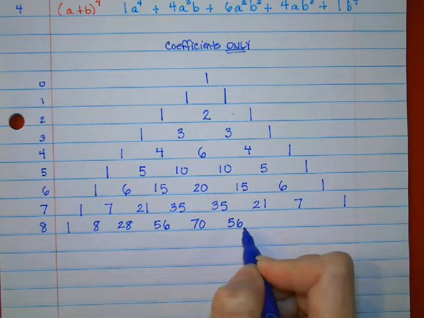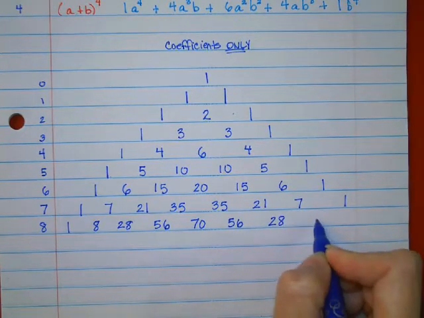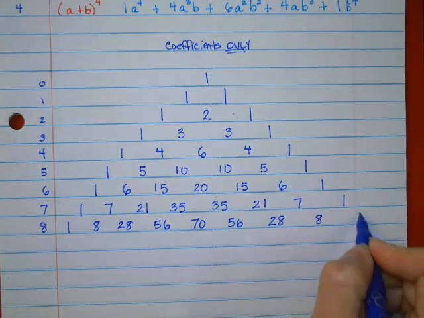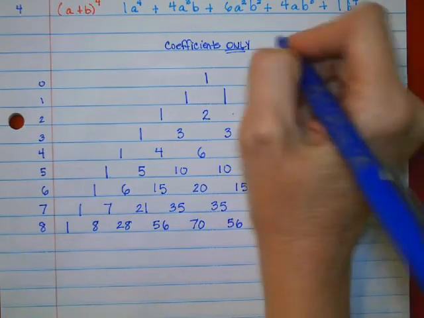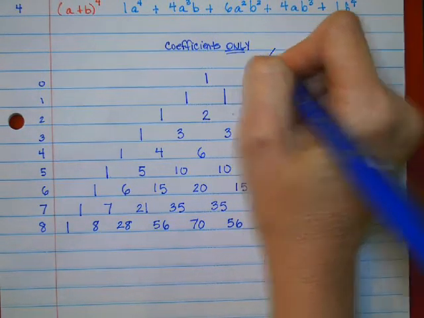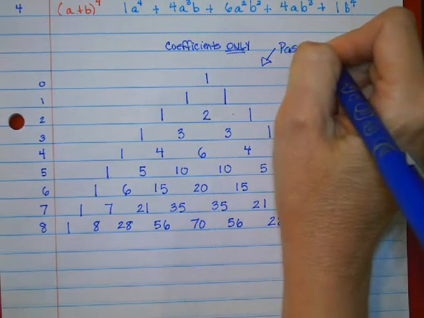And then we have 21 plus 7 is 28. And 7 plus 1 is 8. And then we end with 1. Beautiful. This is our gorgeous Pascal's triangle. That's what this is called. This is called Pascal's triangle.